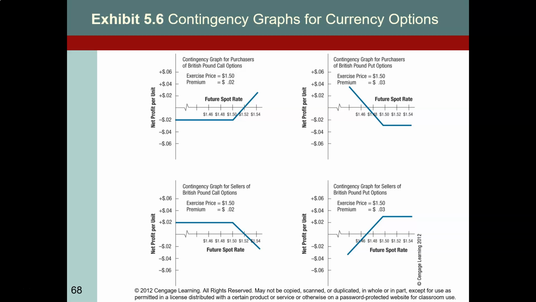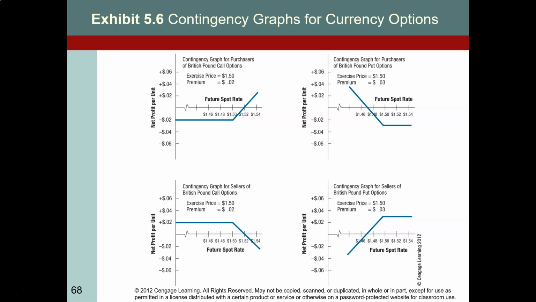And if the spot rate goes up to 1.52, the seller is still going to make positive net profits, but it's going to be between 0 and 0.02. And if the future spot rate rises above 1.52, the buyer is going to make a positive net profit and the seller is going to lose money.